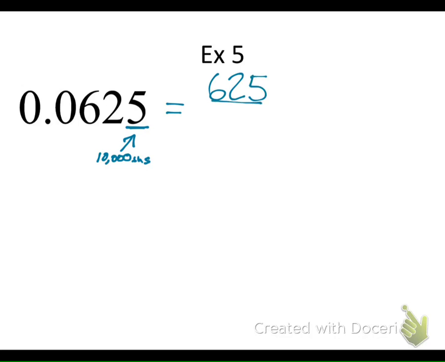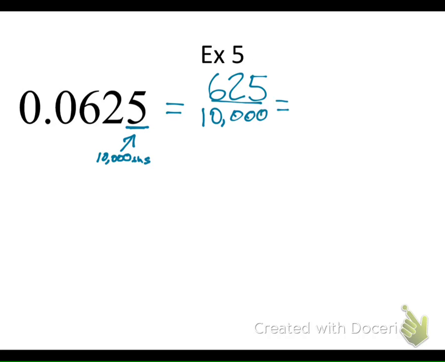So Cody ignored the zeros to the left of the 6. And Danielle, what's the denominator? 10,000. So you write the place value as the denominator.